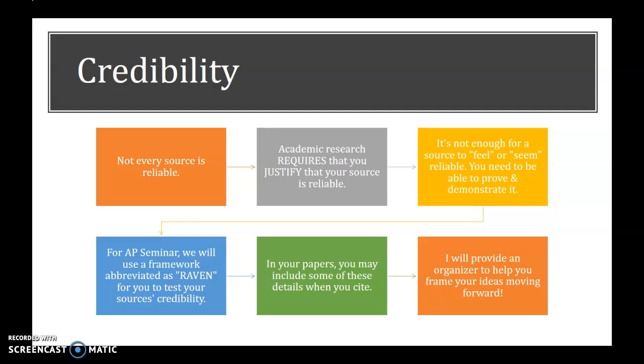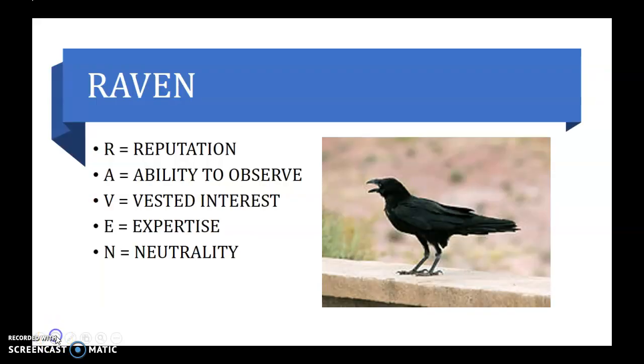At the end of this presentation, there's an organizer in Schoology that you're going to use as sort of a helpful framework as you get started with the process of using RAVEN, because it feels very big the first couple of times you do it. And then you sort of get in the habit of looking for these 5 things. So RAVEN stands for reputation, ability to observe, vested interest, expertise, and neutrality.